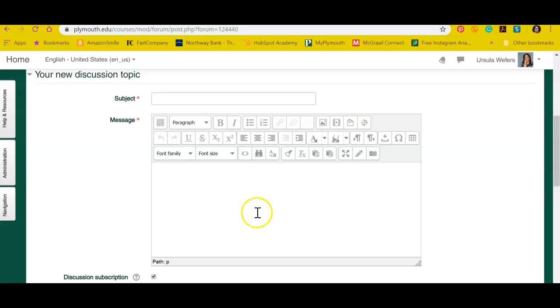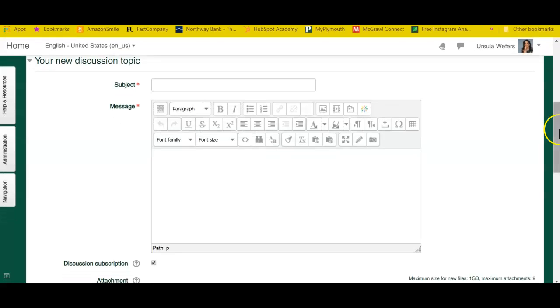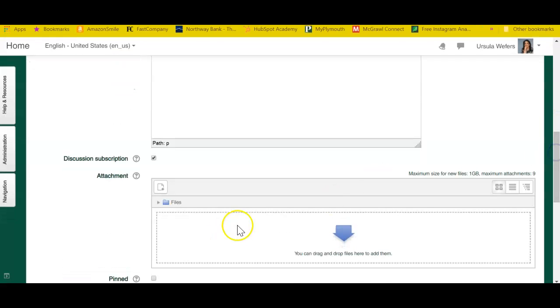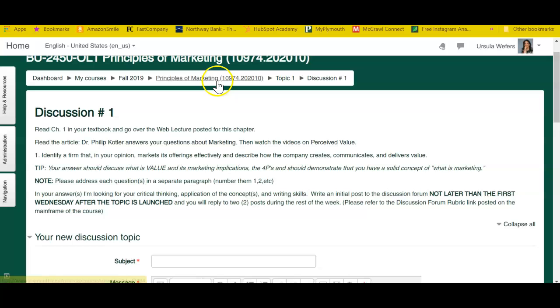So I require you to always use the text box and write your answer. You can also attach your document if you typed it in a Word document or in any other way. However, you have to copy and paste the content of what you have written right here, because in that way your information has very easy access for everybody in the class.